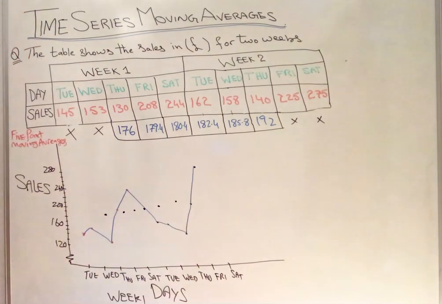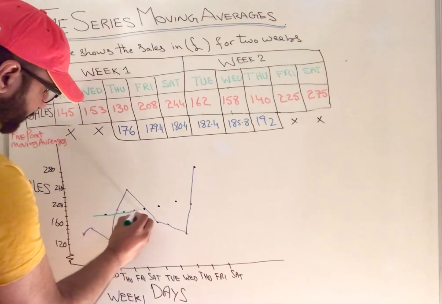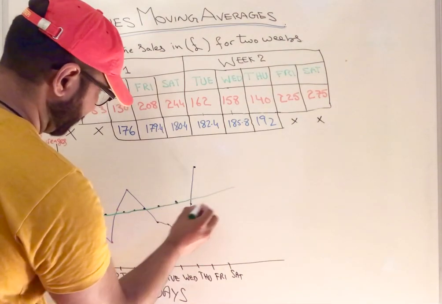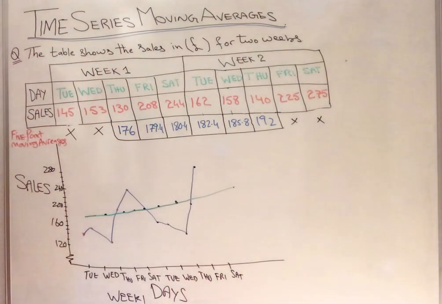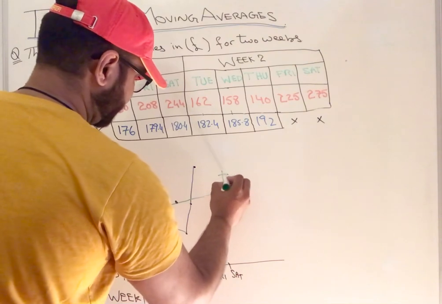These are the points. Now we have to join a line, which makes a trend. We can say that this is a trend line. We start with a dotted one.